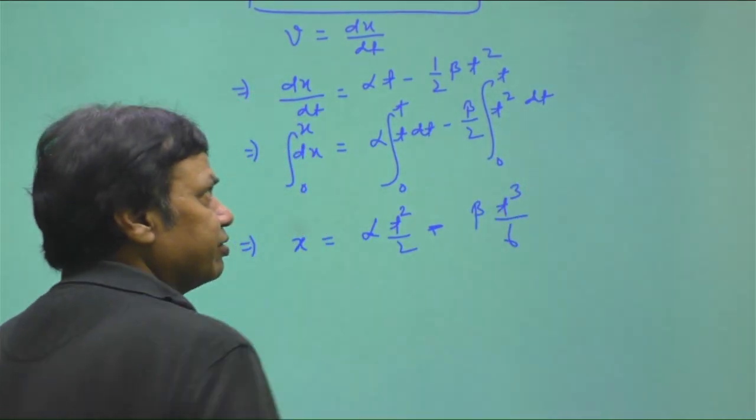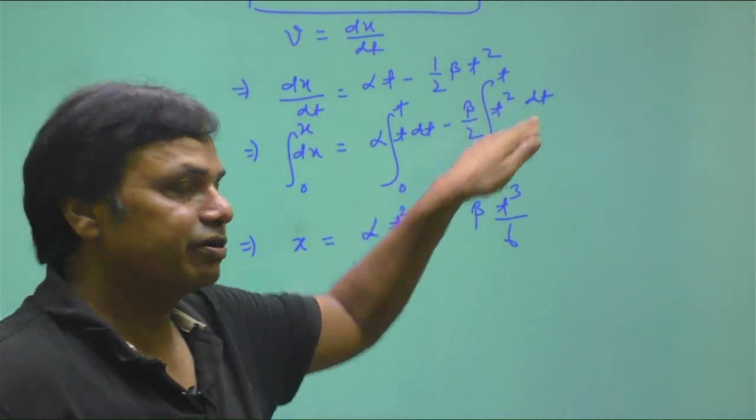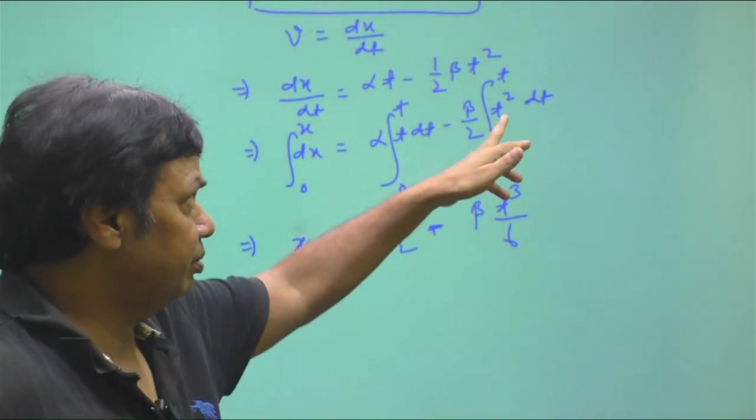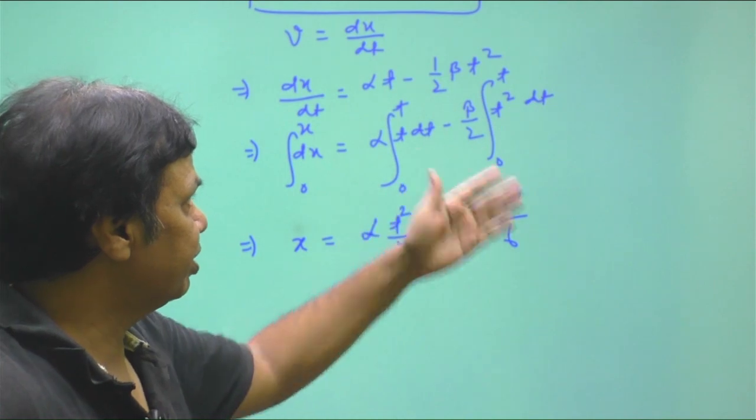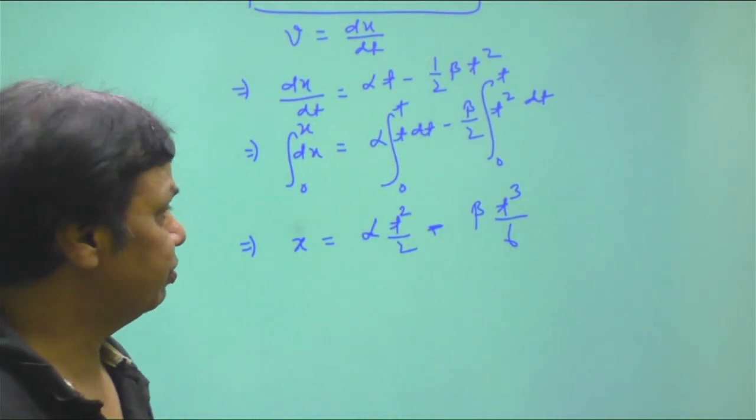I just multiplied. Its integration will become t cube by 3, and I multiplied it by 2, so it becomes like this.